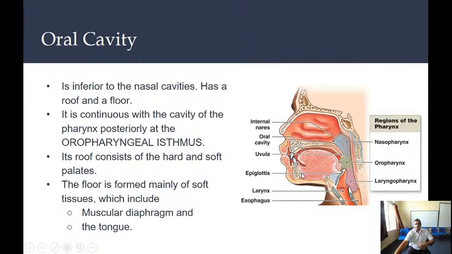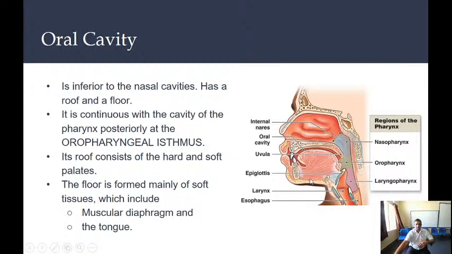Then we go to the floor of the oral cavity, which is formed by the muscles. This is the mandible and this is the hyoid bone. So there is a muscle which starts from the mandible to the hyoid bone, which is called mylohyoid.